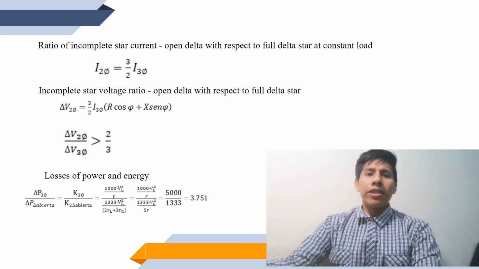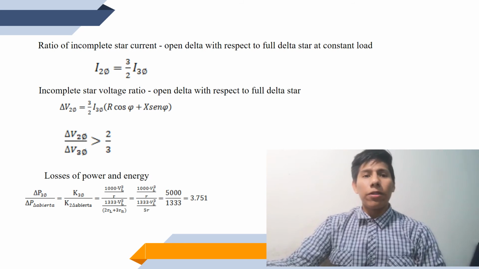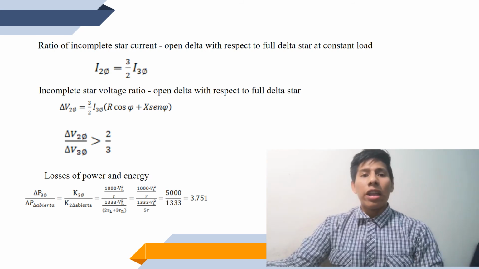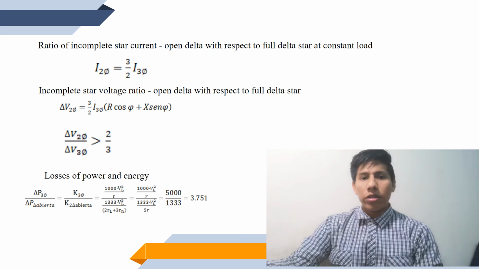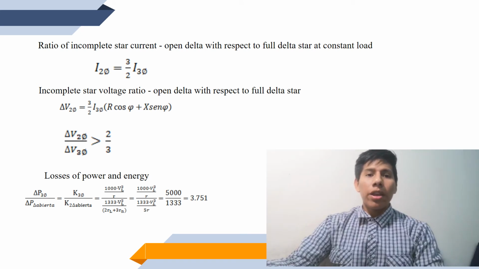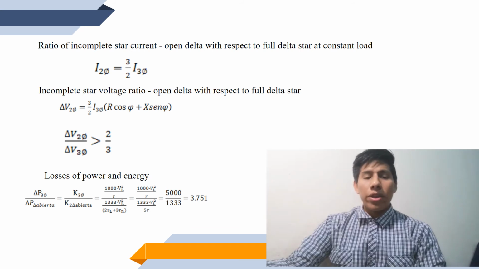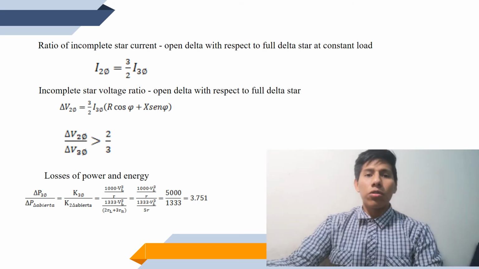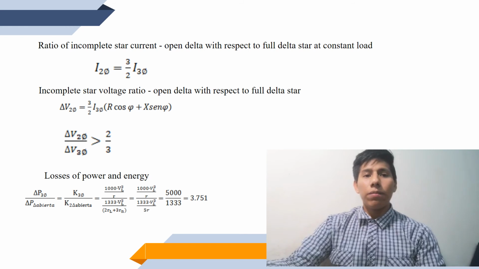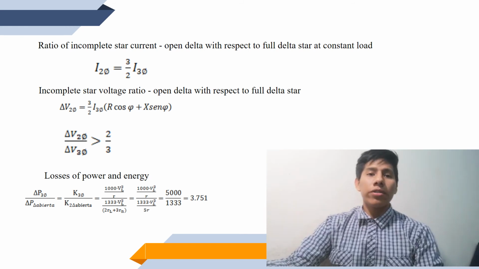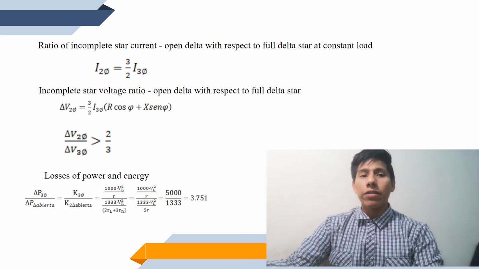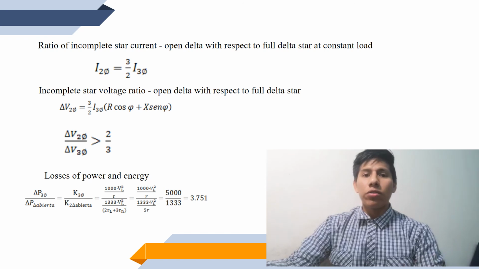Considering that the caliber of the phase and the neutral conductor are equal and the load and kilovolt ampere remain constant, we can calculate how much the loss of active power in the power line increases when passing a balanced three-phase load from the advantage of the single-phase transformer in a complete three-phase connection.